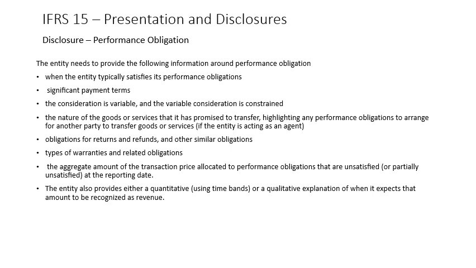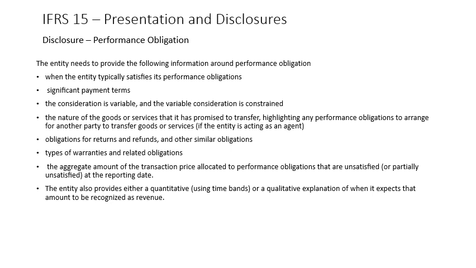Details around whether consideration is variable and the variable consideration is constrained. The nature of goods or services that it has promised to transfer, highlighting any performance obligation to arrange for another party to transfer goods or services, obligations for returns and refunds, and other similar obligations.